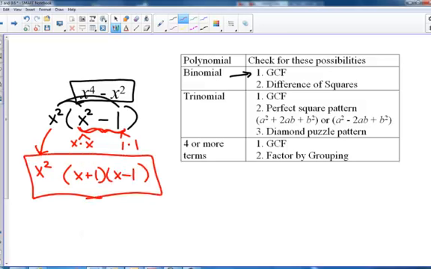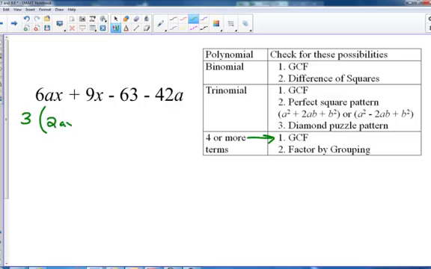If we take a 3 out, we're going to have a 2ax plus 3x minus 31 minus 14a. Okay, next step is to group. Group the first 2. When I go to group the second 2, I cannot have a parentheses next to a negative. You need to always slash and dash.